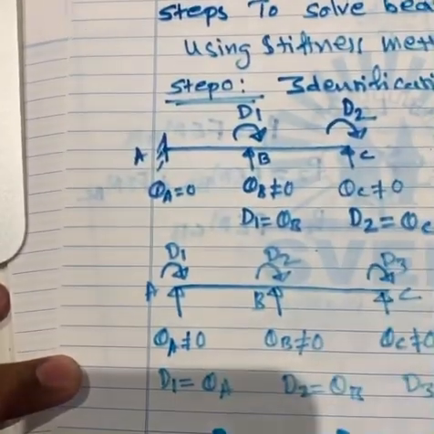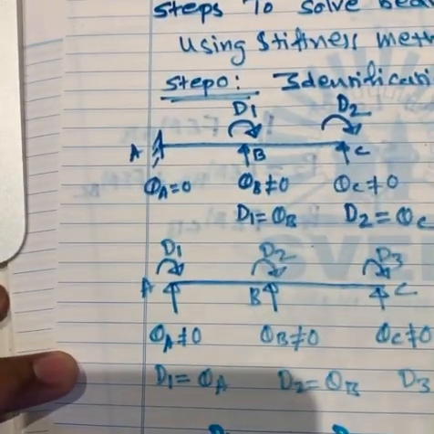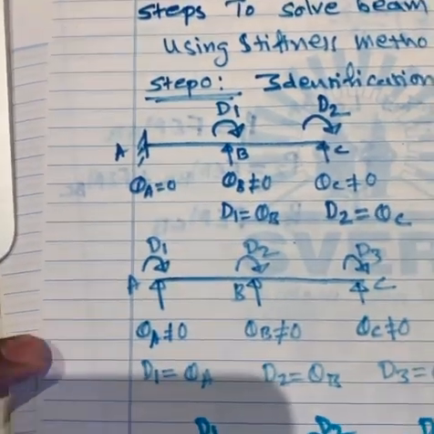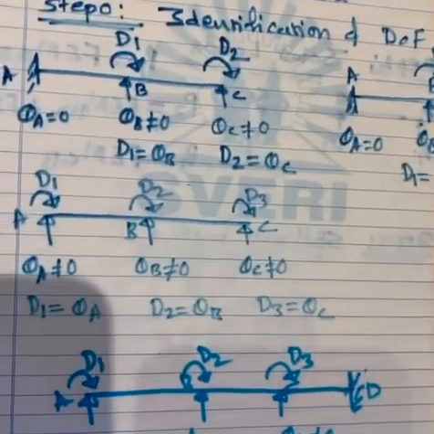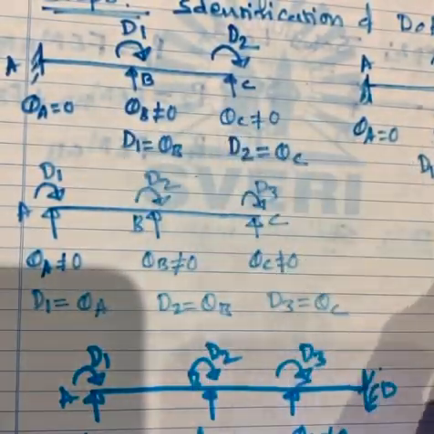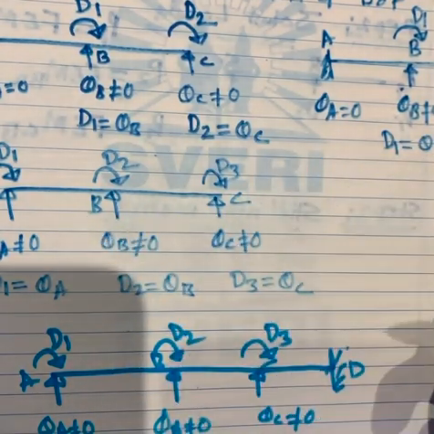For all these 1, 2, 3, 4 diagrams, we will take a few examples of how to calculate the stiffnesses, and that will help you understand, for example, this beam, how to calculate the stiffness matrix. For this beam, how to calculate the stiffness matrix. This beam, how to calculate.